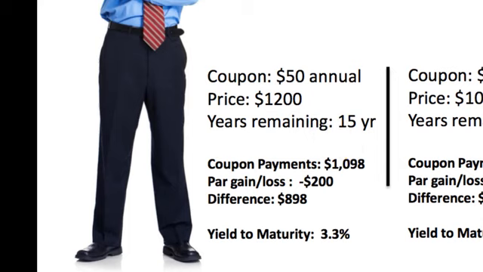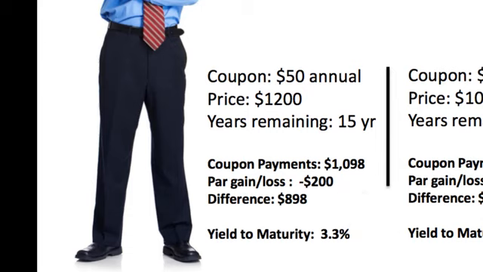Okay, so as we look down, the coupon payments that he's going to receive over the next 15 years amount to $1,098. Now we're assuming that he's reinvesting each coupon at 5%. So that's why you have kind of an odd number there. So the coupon's $1,098. The par gain and loss, he's going to lose $200 on the fact that he paid a premium for the bond, and whenever it matures, he's only going to get $1,000.